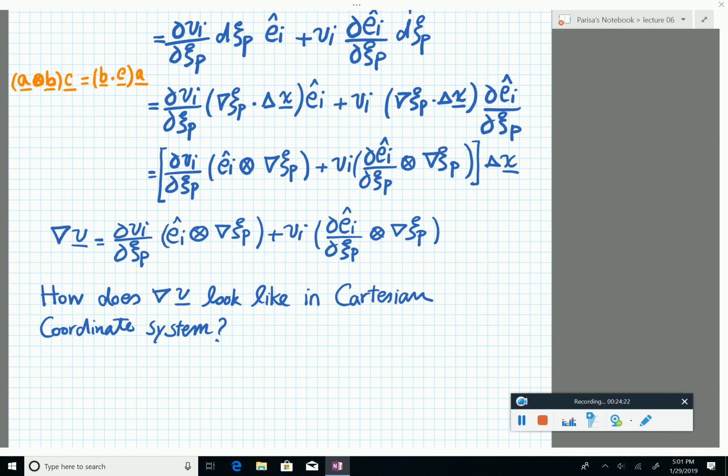You have this outer product that I know many of you don't really like. But what happens if we look at the special case of the Cartesian coordinate system? Try to see if you can get the expression. Work with your neighbors and see what happens if you look at the Cartesian coordinate system.